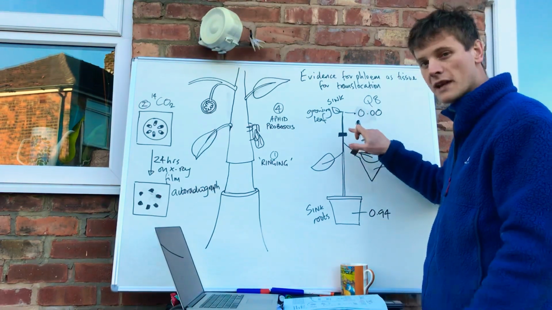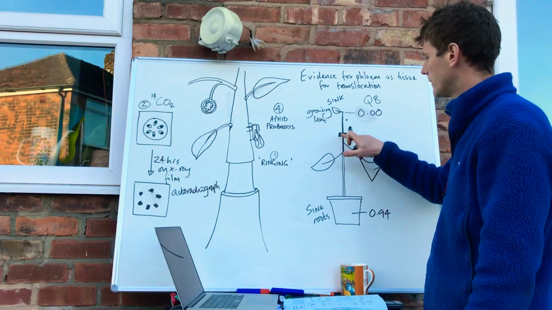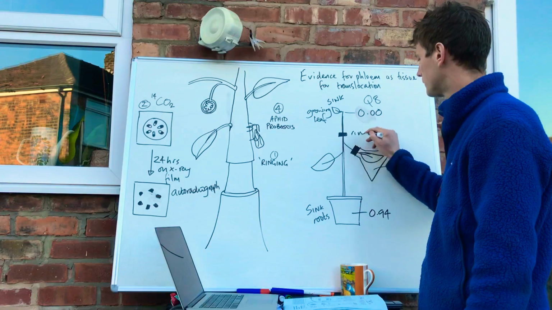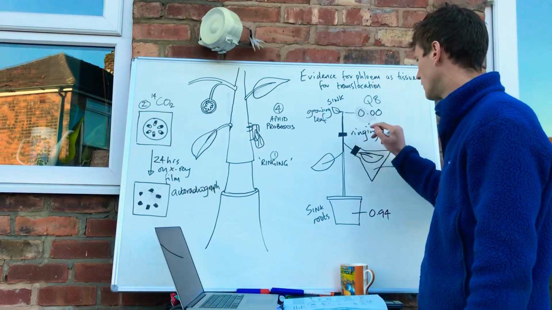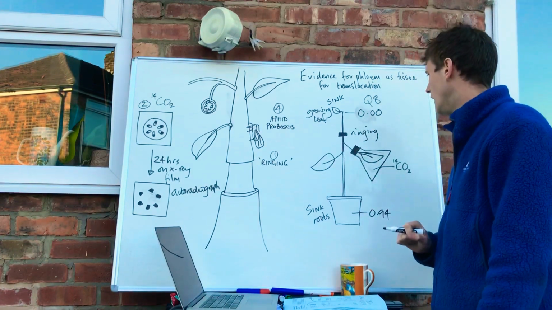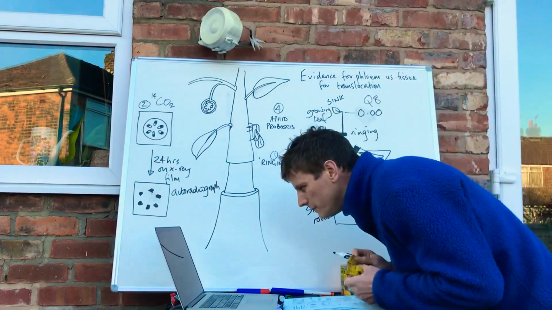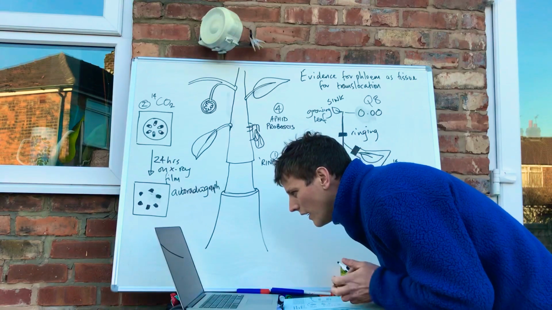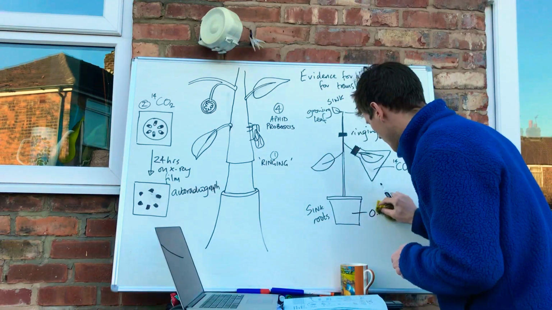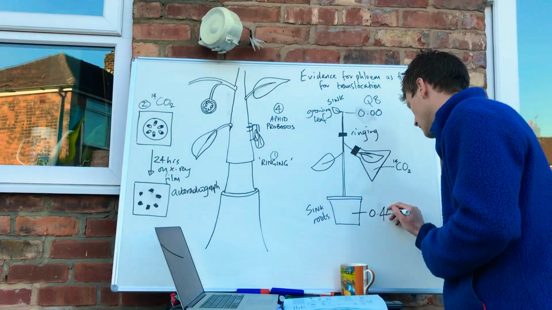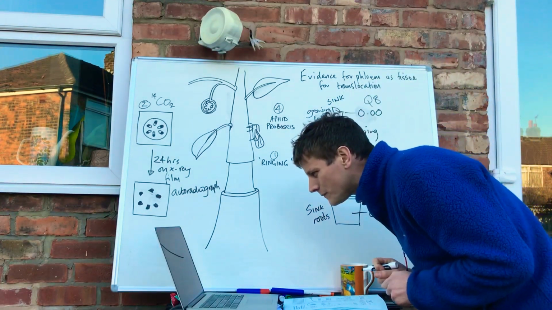That confirms then that the removal of the phloem by the ringing technique prevents the movement up the plant. If we have a look down at the bottom, there is still movement into the roots.